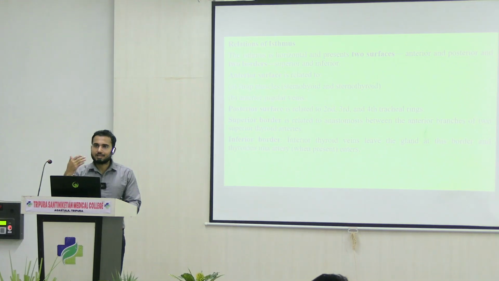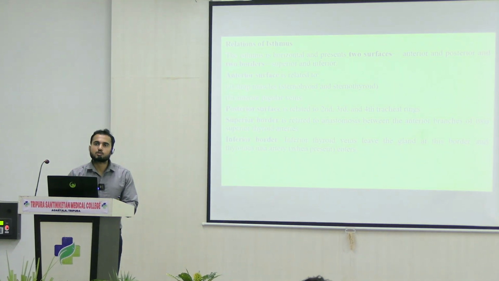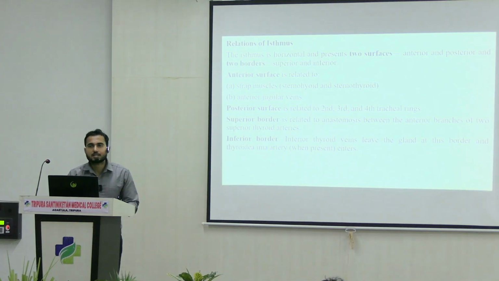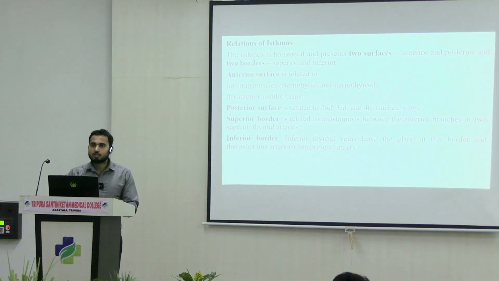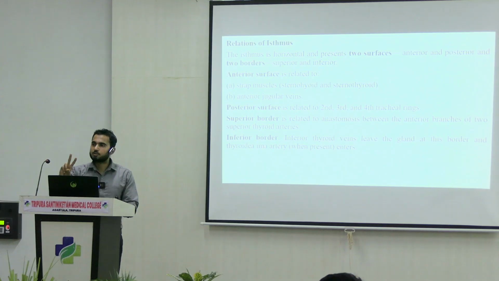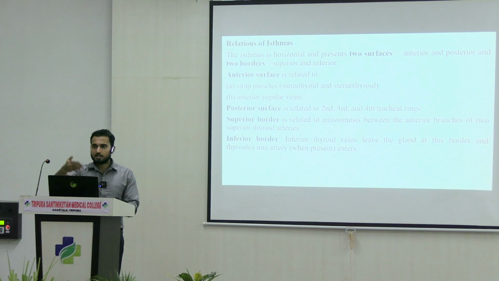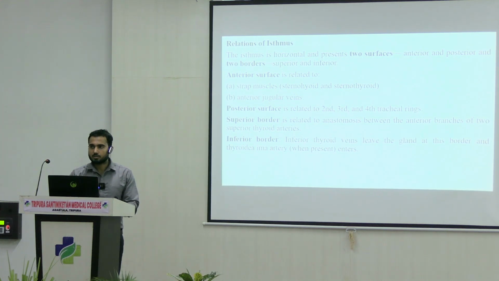It is covering the second to fourth tracheal rings. That means just behind the isthmus, or deep to the isthmus, the second to fourth tracheal rings are present. Next, the isthmus has two borders and two surfaces: superior border, inferior border, and anterior surface and posterior surface. That's it. These are for the isthmus.